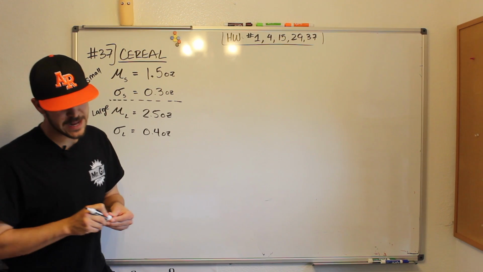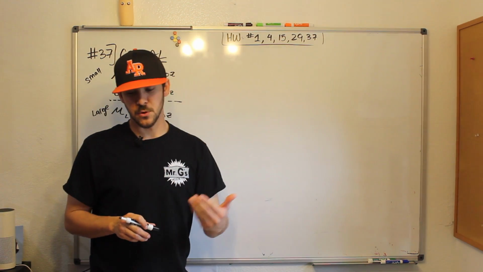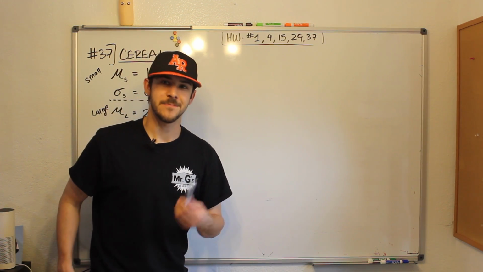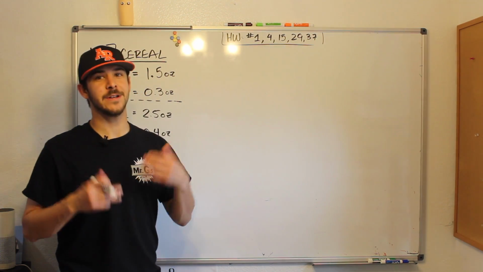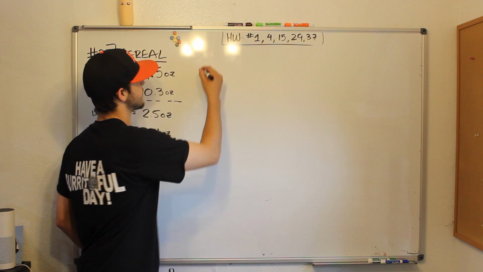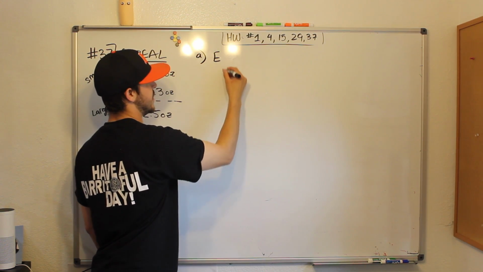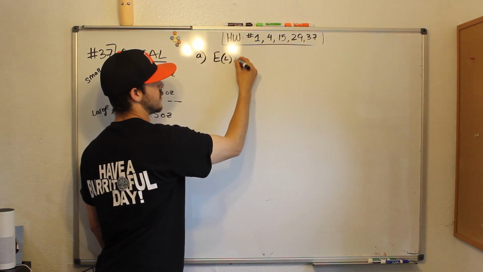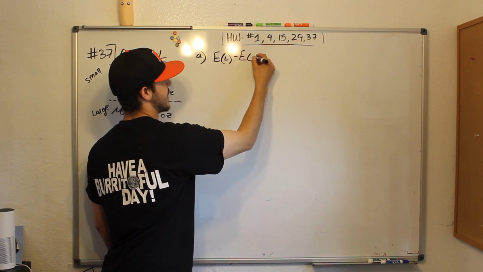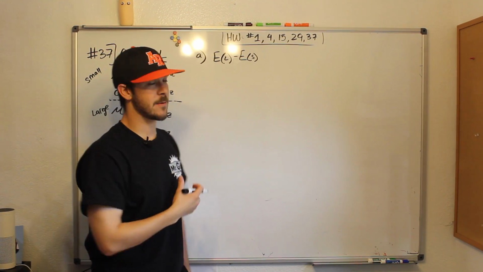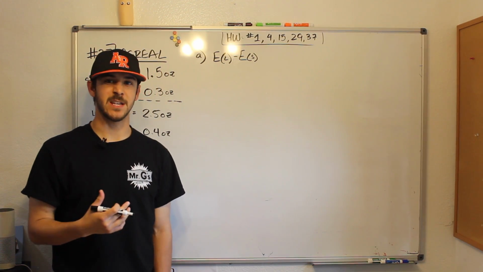Number 37, part A asks, how much more cereal do you expect to be in the large bowl? While this problem could be overthought by a lot of students, we can actually just take the expected value of the large bowl and subtract it by the expected value of the small bowl. I went ahead and I wrote it up here like this, so that way you don't get too confused.